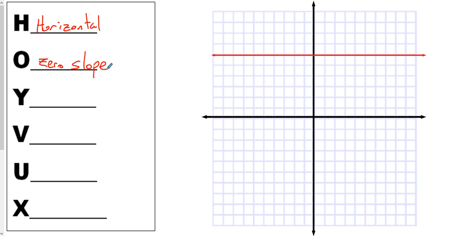And the y means that the equation of this line is y equals a number. So Hoy-Vux, the HOY simply means it's a horizontal line with 0 slope and y equals a number.